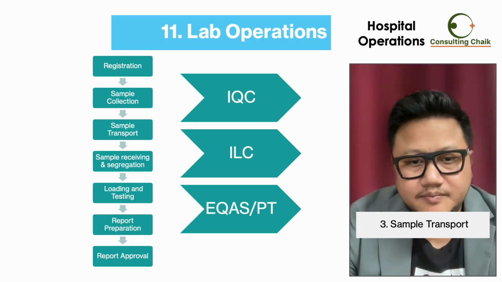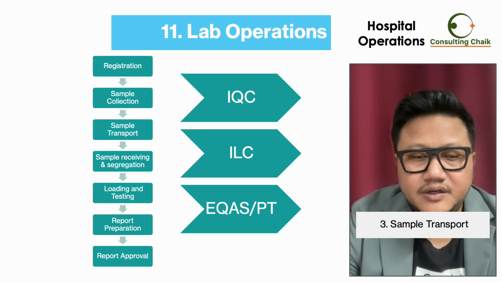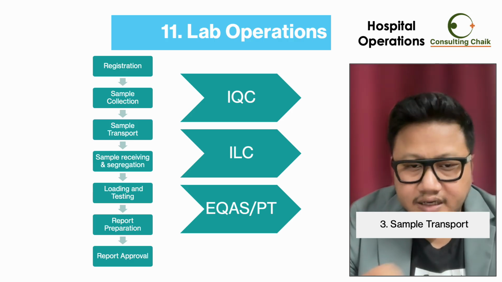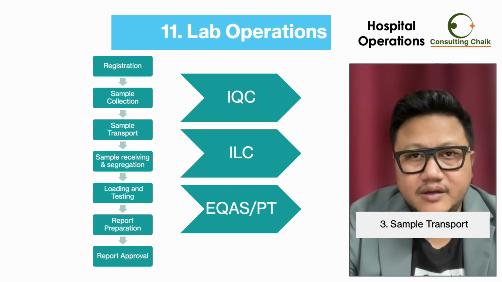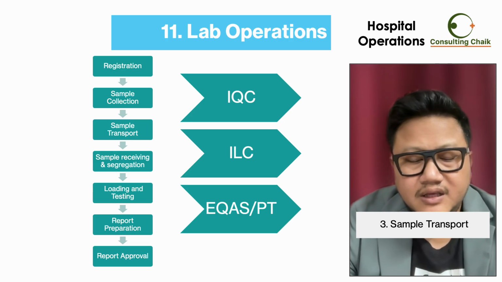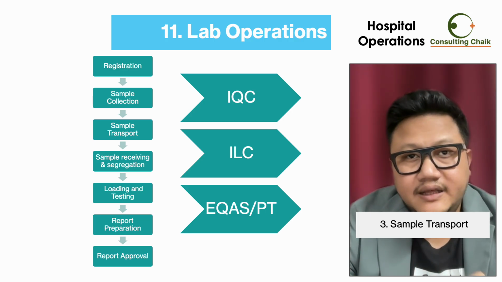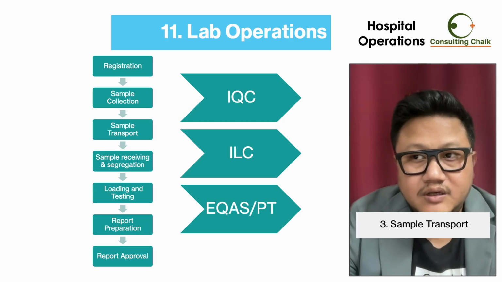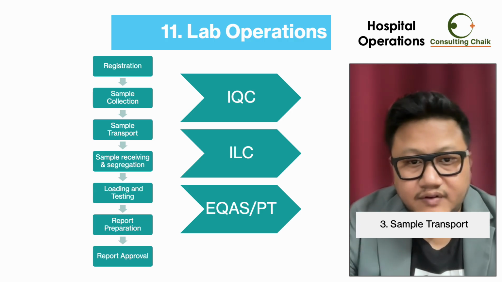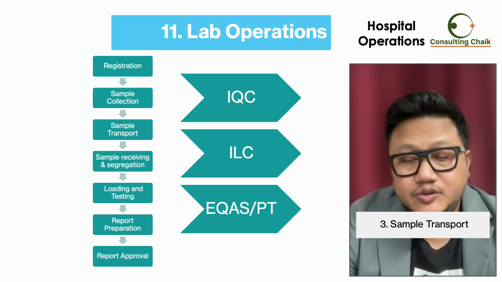So in the ice pack box, it is transported to the lab. And if you have a pneumatic chute system in your hospital, then it is very easy. Once you collect the sample, then and there you send it to the lab via the pneumatic chute system.